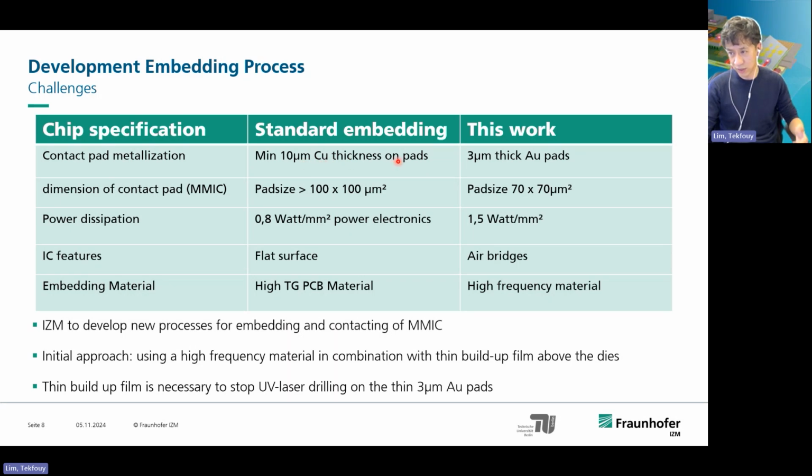For this work, like I mentioned, these III-V components have top layers with gold pads of 3 micrometer. So this is one big challenge. Also on the power dissipation, for standard power electronics it is around 0.8 watt per square millimeter, and in this work we have 1.5 watt per square millimeter.